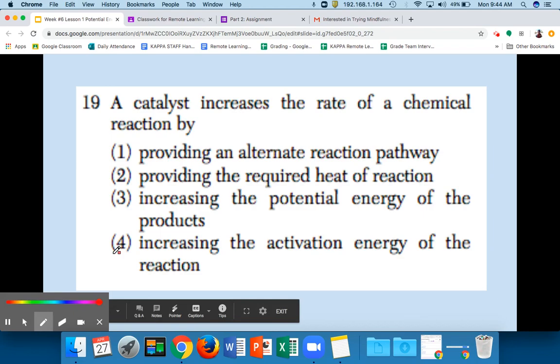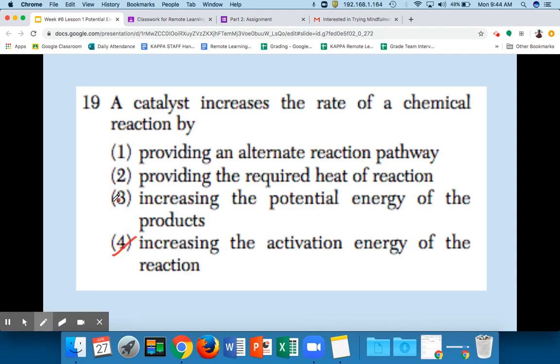We know it's definitely not 4. We know that it doesn't increase the energy of the products, but what it does do is lower the activation energy, thus giving our reaction a different or alternate reaction pathway.